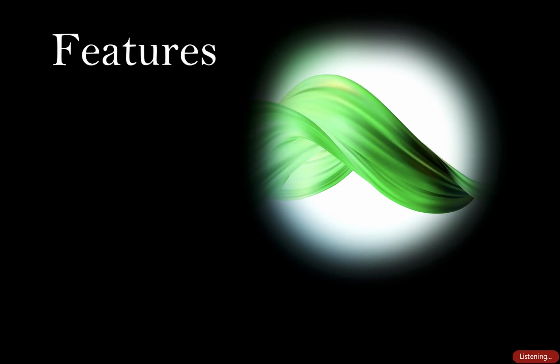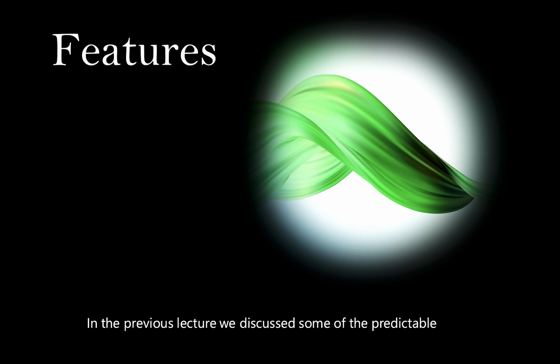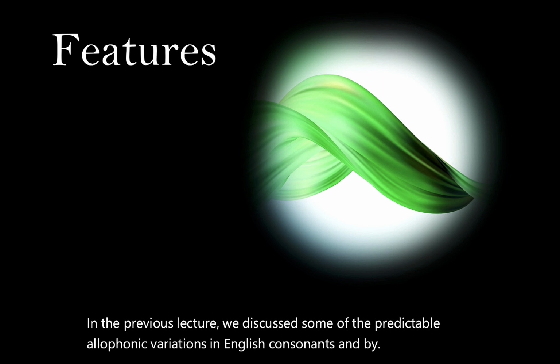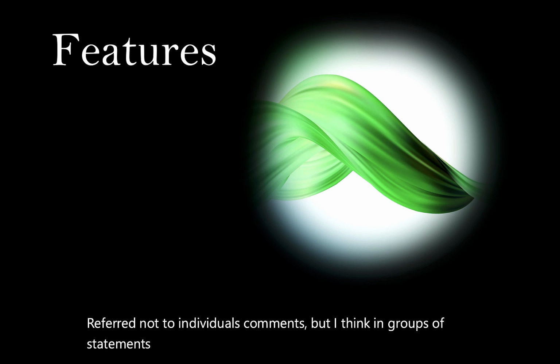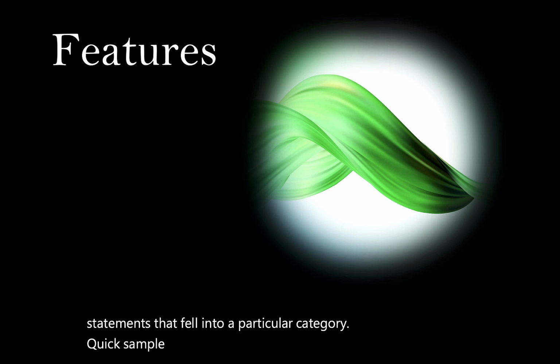In the previous lecture, we discussed some of the predictable allophonic variations in English consonants and vowels. You may have noticed that when we discuss the patterns, we referred not to individual sounds, but often to groups of sounds that fall into a particular category. For example, alveolar plosives or tense vowels.